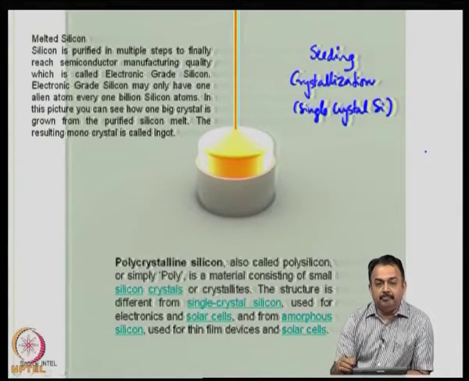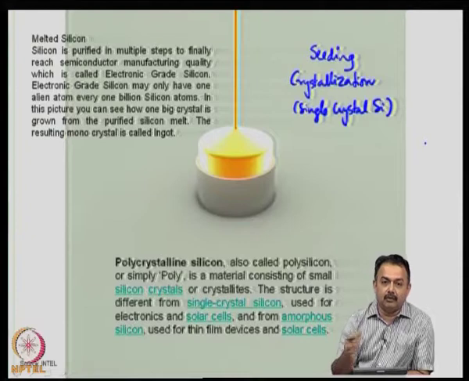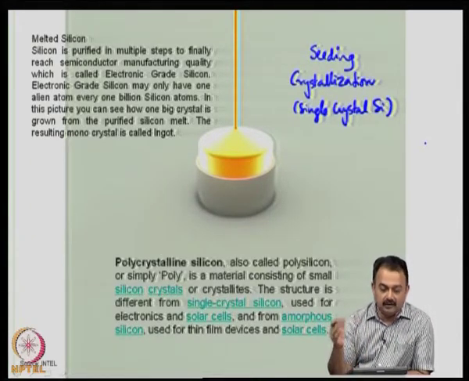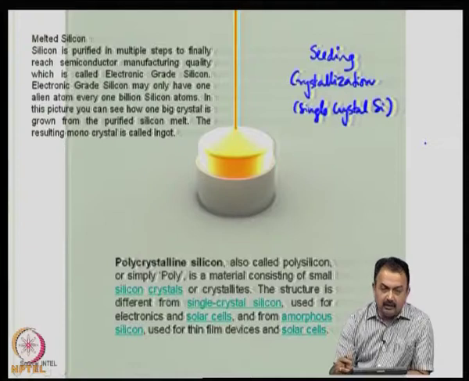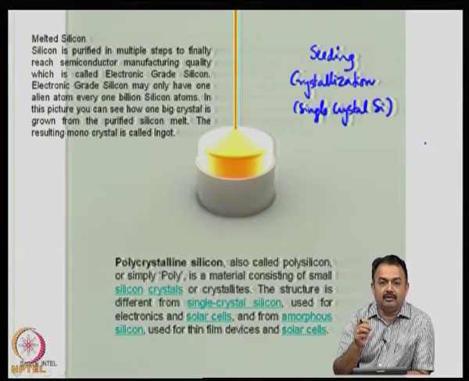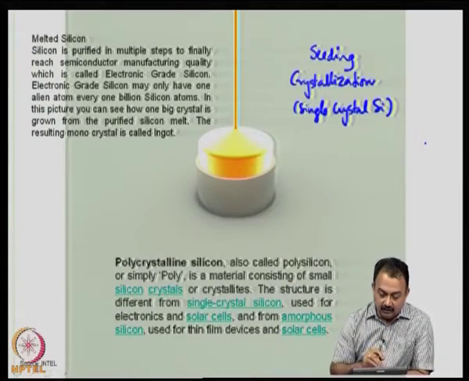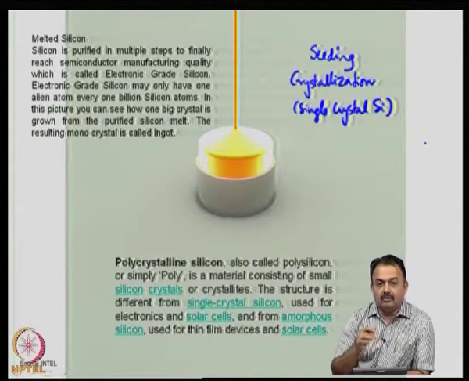So, the electronic grade material, after it has been recrystallized a number of times from a lower grade until it has reached 99.999999999 percent, eleven nines purity, you try to melt it, then introduce a very pure seed crystal of silicon of equivalent purity, then allow it to cool slowly.